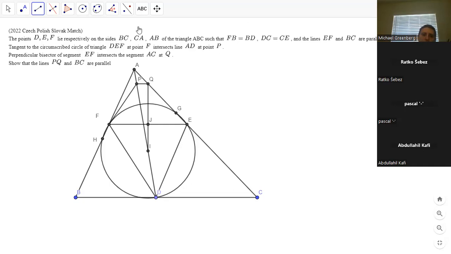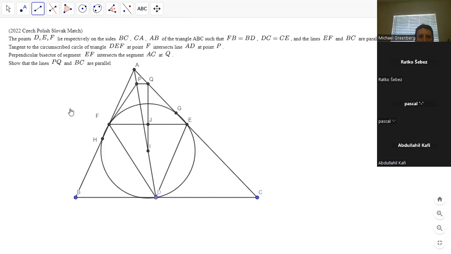Maybe it's easier to define this to be parallel and then show that it's perpendicular to EF. This whole problem can be just angle chase. Okay. So first we use Sparrow lemma, which can also be proved by an angle chase.